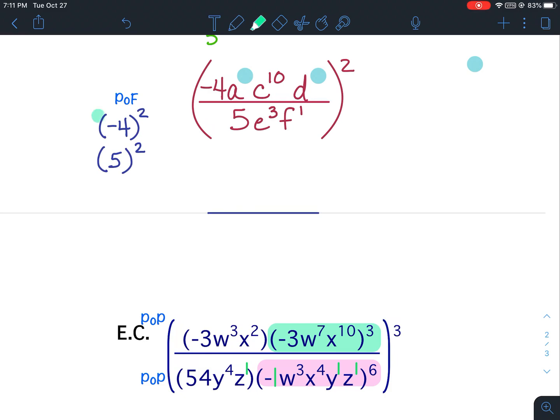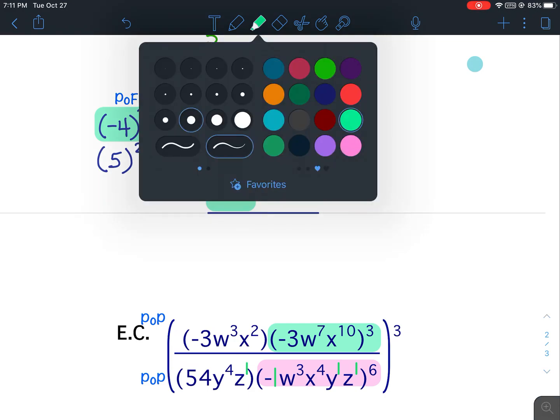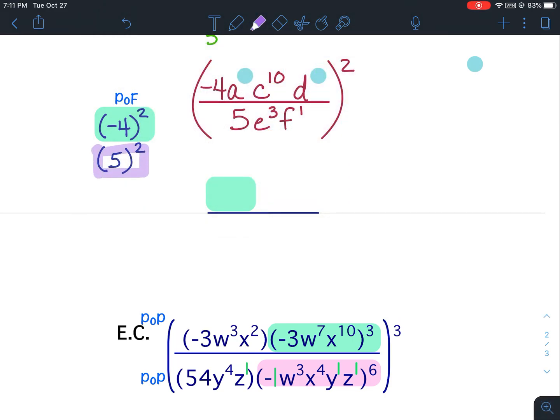So on your own, you're going to find what -4 to the second power is, and please make sure you use those parentheses. Whatever you get for that, you will put that right here. Then you'll take 5 to the second power, and whatever you get there, you'll put it on the bottom.